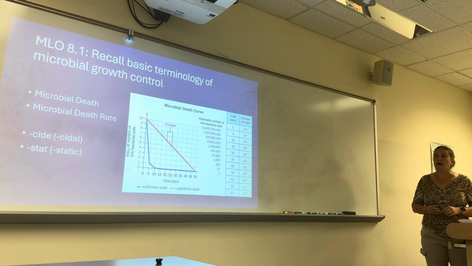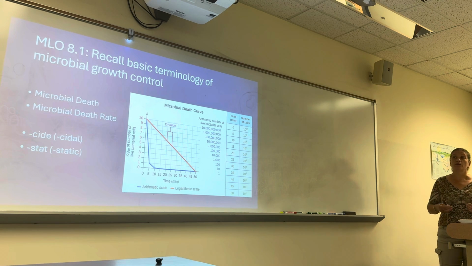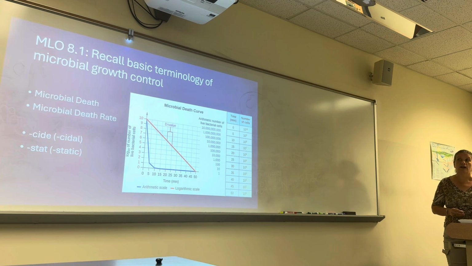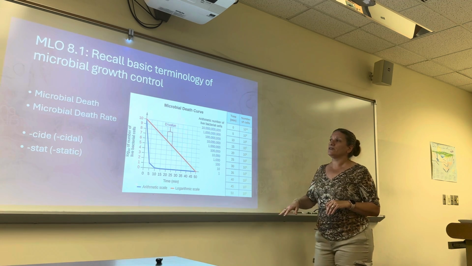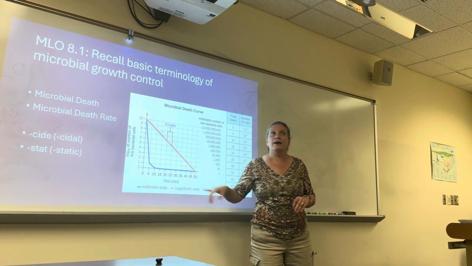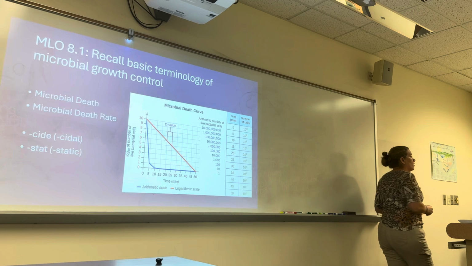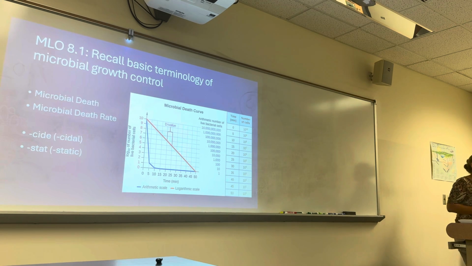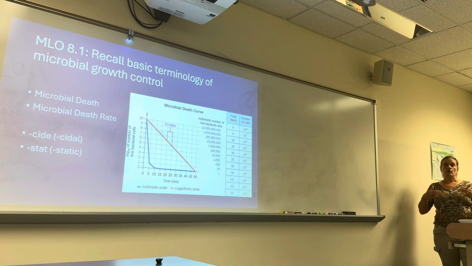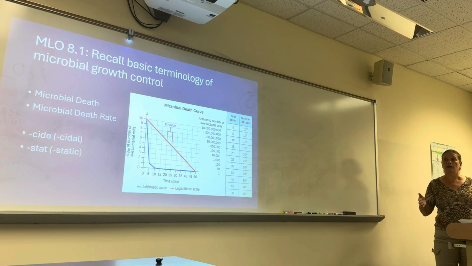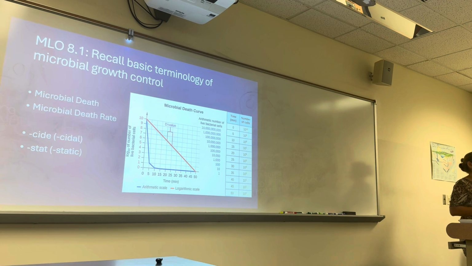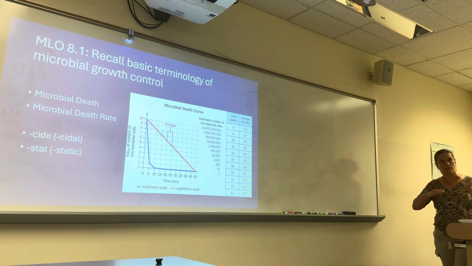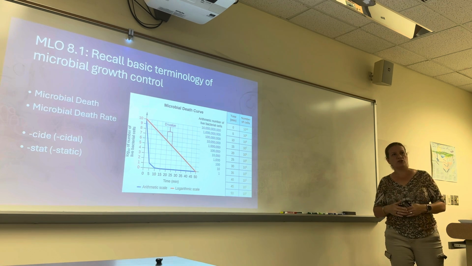When we look at microbial populations and observe microbial growth, and so identify microbial death, we look at what we call the D value, also known as the decimal reduction time. The population in a culture tube declines at a constant rate, where for every period of time, 90% of the population declines.